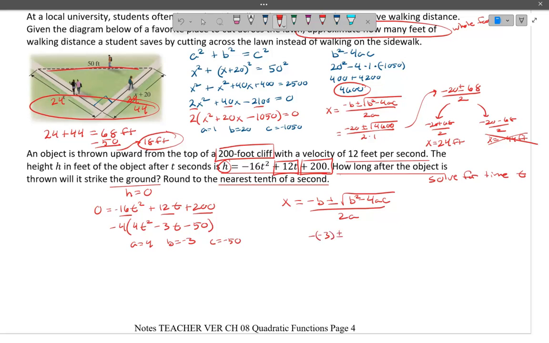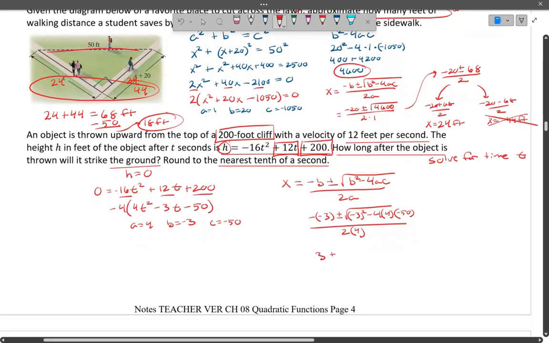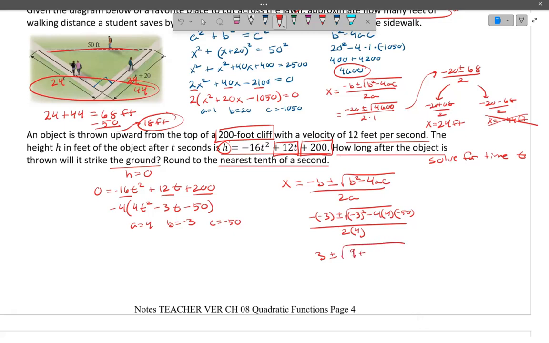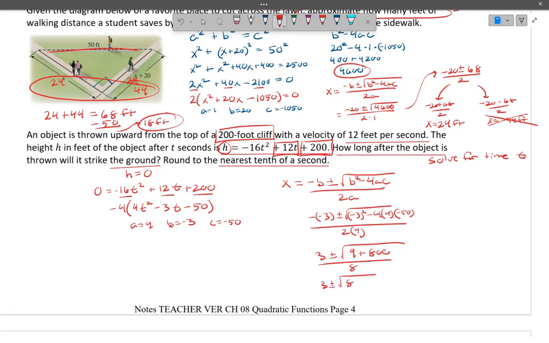We have -(-3) plus or minus the square root of (-3) squared minus 4 times 4 times -50 all over 2 times 4. So when we clean that up, we are left with 3 plus or minus the square root of 809 over 8.